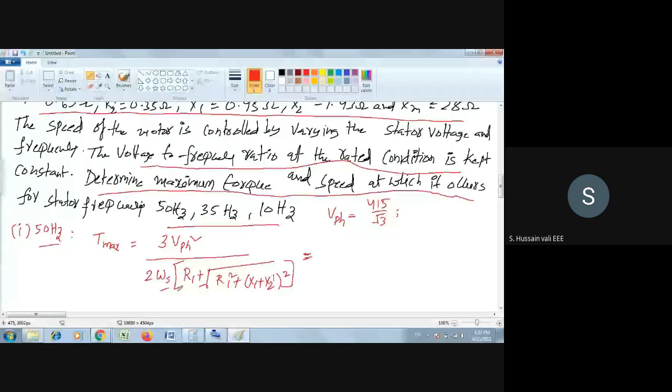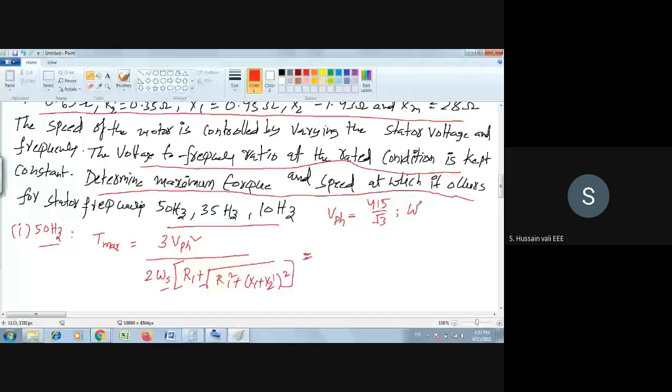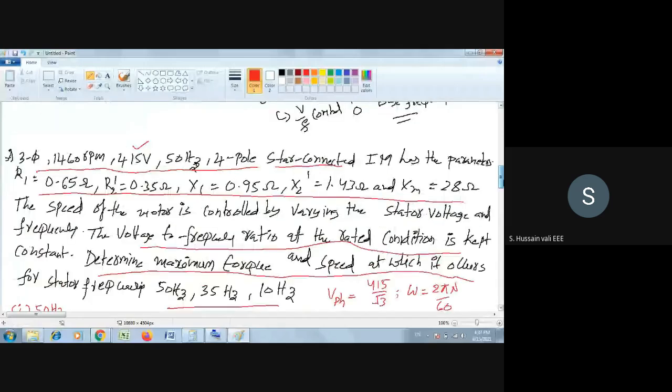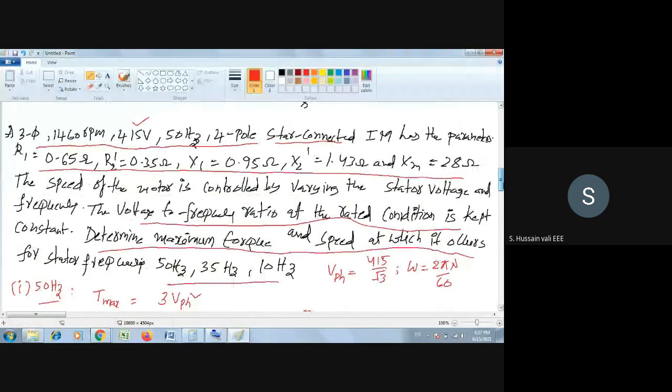It is 2 pi N by 60. Now the speed he has not given, so we have to find it ourselves. The first case is 50 Hz, and omega s is based on the synchronous speed.